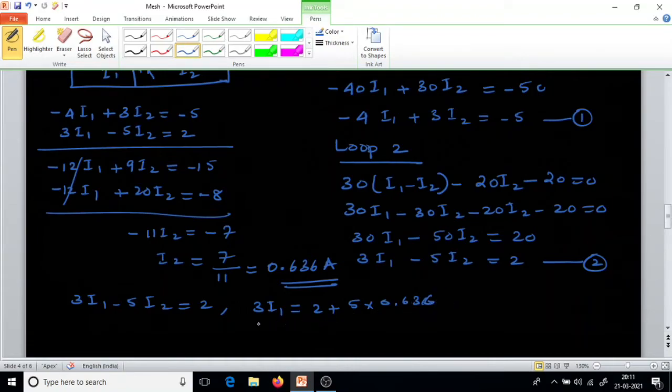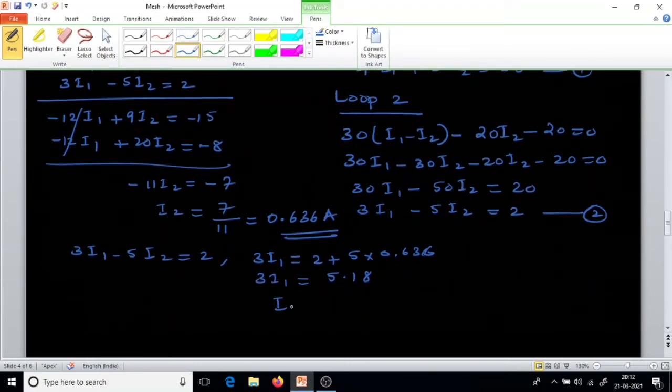The value of 5 multiplied by 0.636 comes to 3.18, plus 2, so 5.18. 5.18 we got.